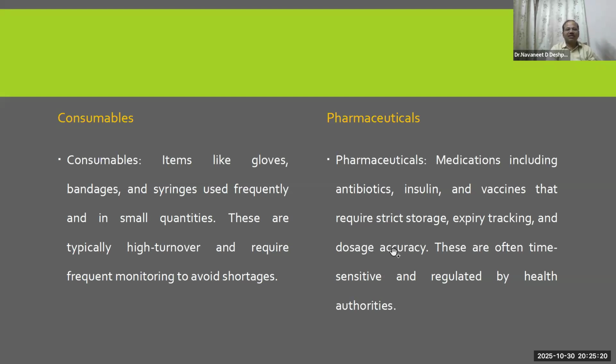It should be authentic, real drugs taken from authorized dealers, from select vendors, and dosage has to be given properly, because when the medicine changes, even the dosage will change. So, in order to make sure everything is managed well, these are often time sensitive and they are regulated by health authorities.